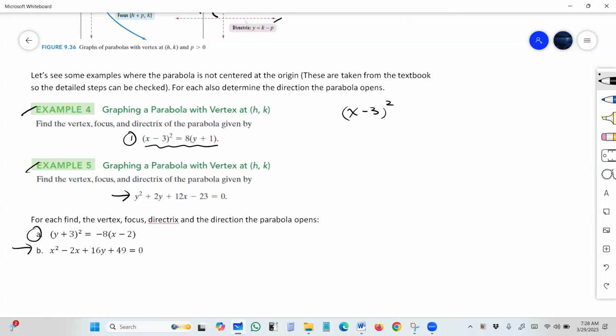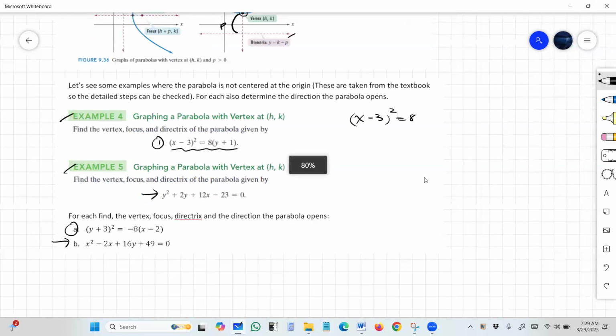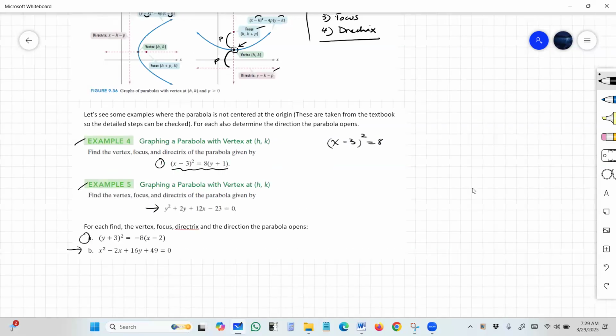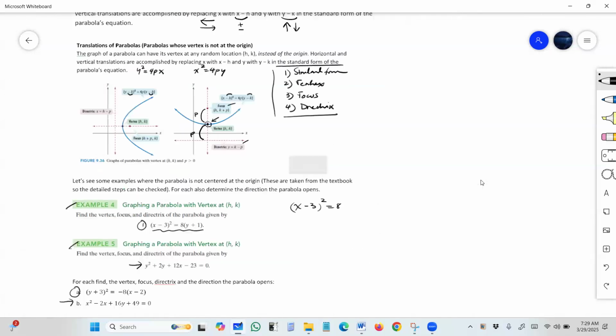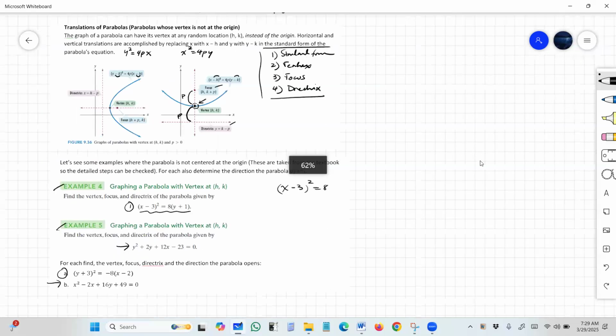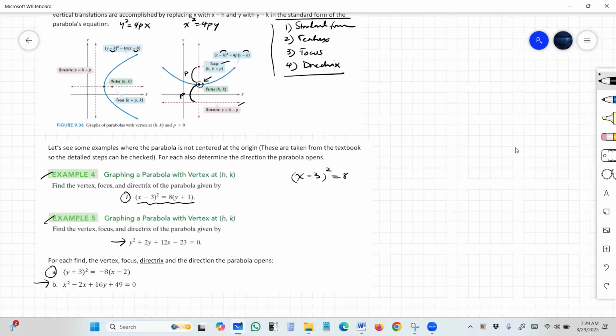Let's do these two problems. Yes, it would be nice if you could see the equation. It is rather small. I hope you can see this.